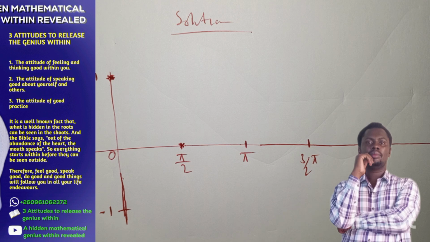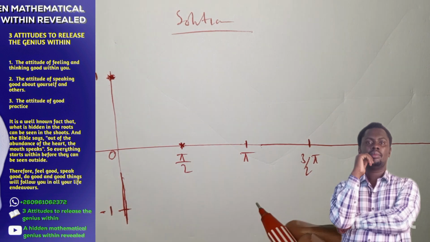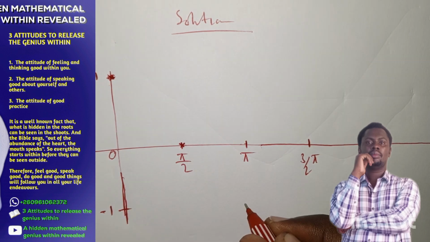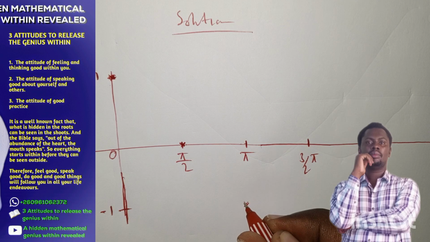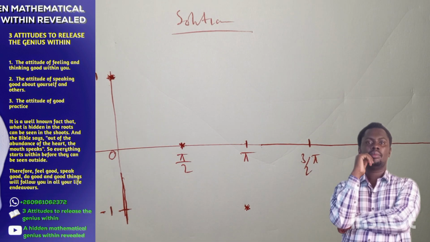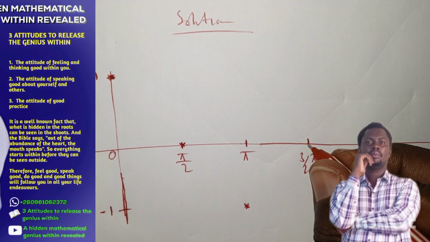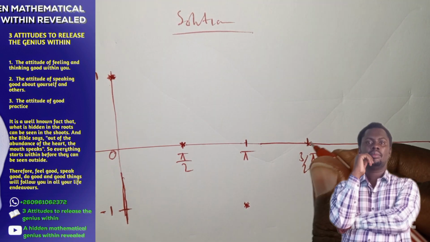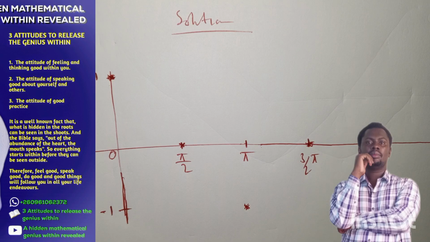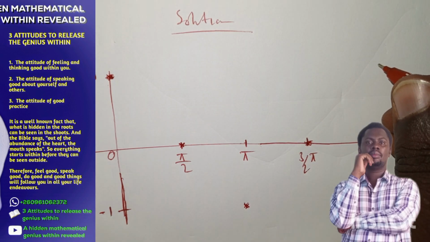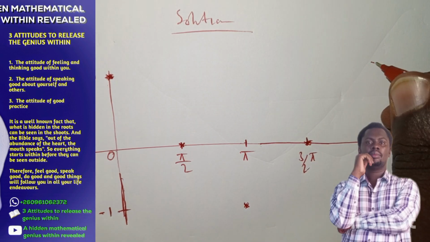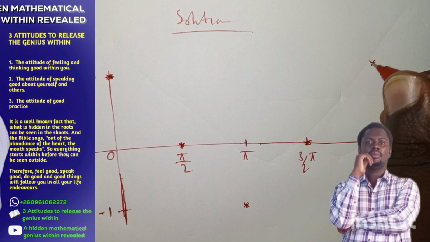Then cos of pi, that is cos of 180, is minus 1, so our point will be there. Then cos of 270, that is cos of 3 over 2 pi, is 0. Then cos of 360, that is 2 pi, is 1.